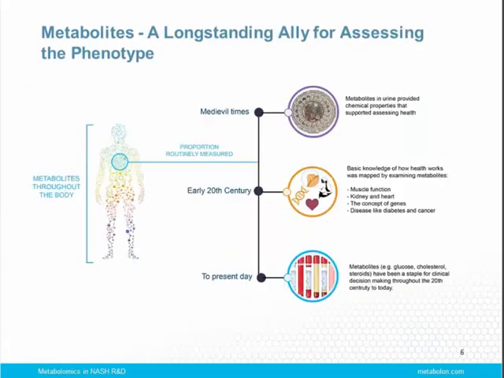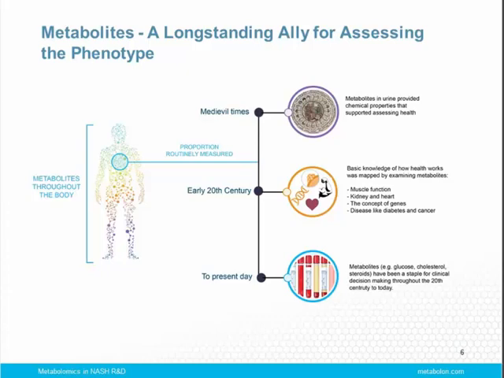And in fact, metabolites have been used going way back in history, even to medieval times, where metabolites in urine provided a method to assess health. And then as we moved on and progressed into the 20th century, metabolites were used to understand how tissue function. And even in present day, single metabolite tests such as glucose are used in a clinical setting.